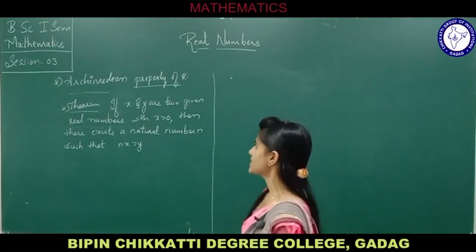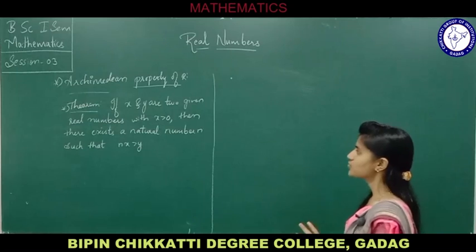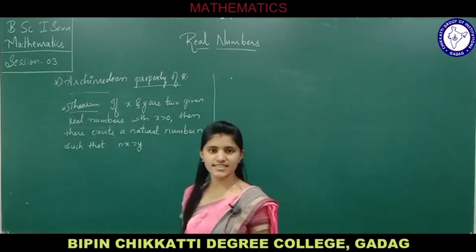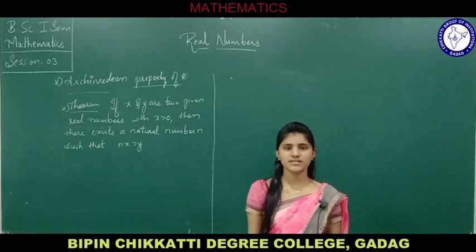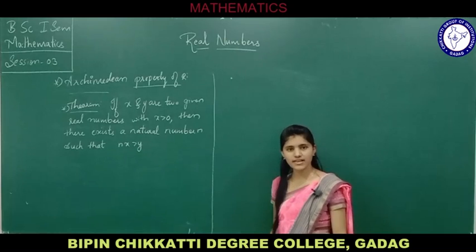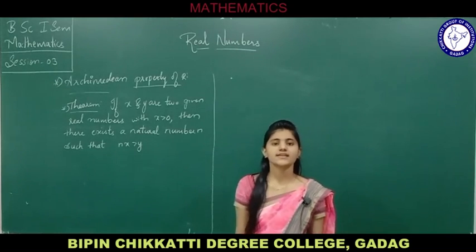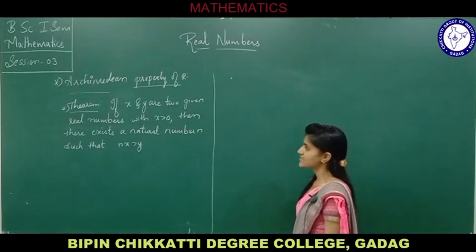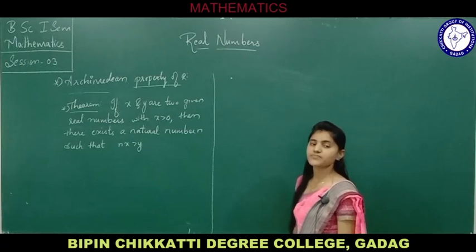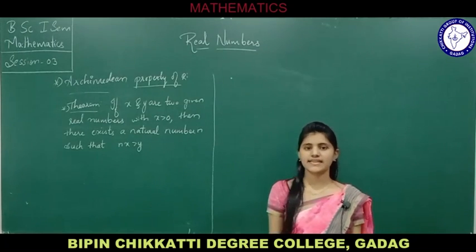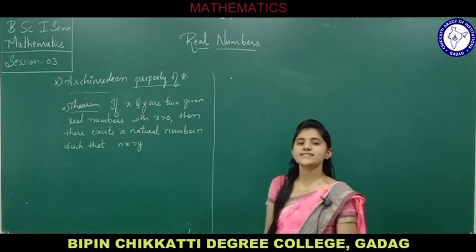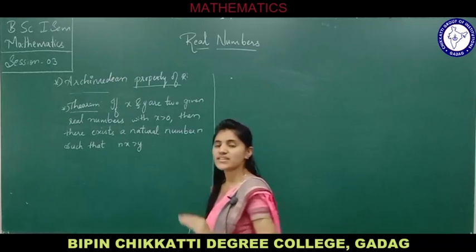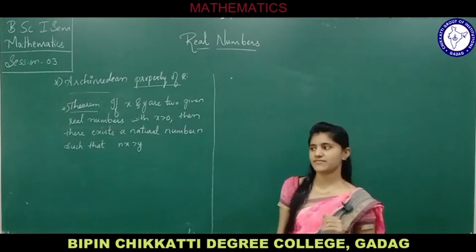It states that if x and y are two given real numbers in such a way that x is greater than 0, then there exists a natural number n such that n into x will be greater than y.